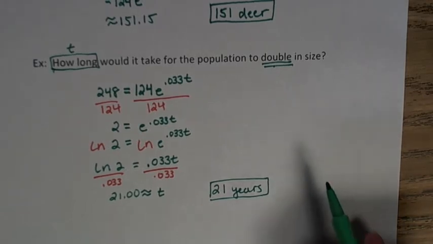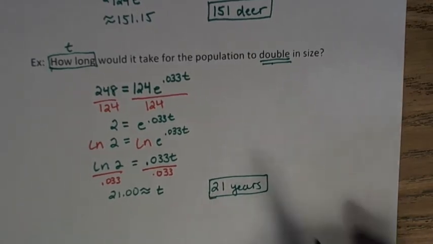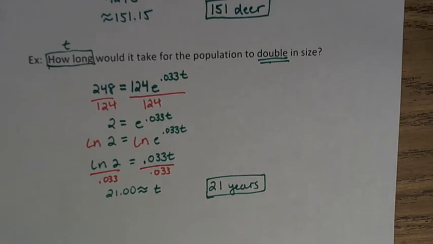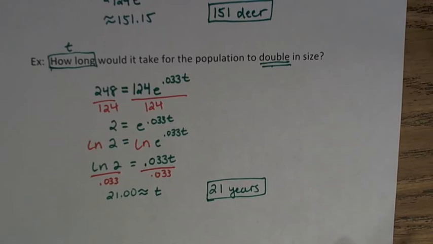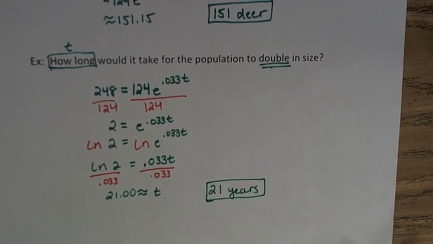Would have been a deer explosion. So this is just another way of being able to apply logarithms and exponents into some problems that you will be running into in various other courses and in life.